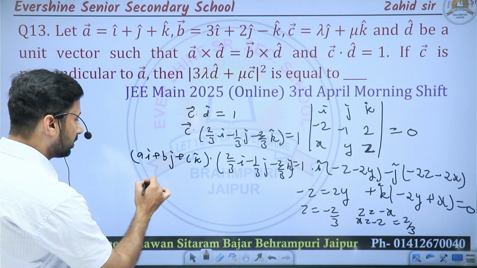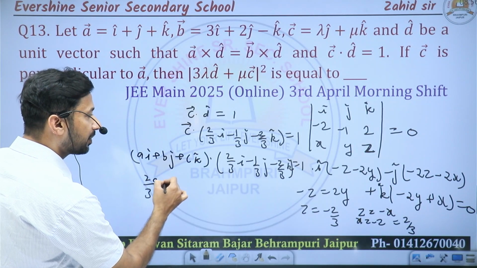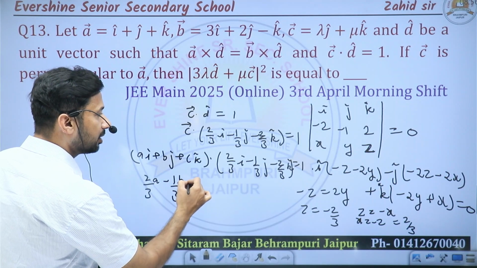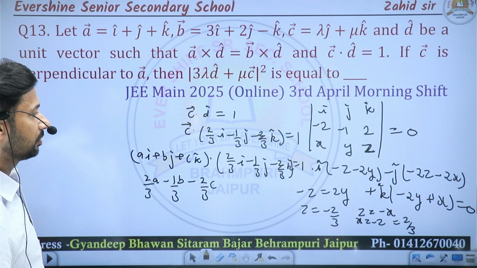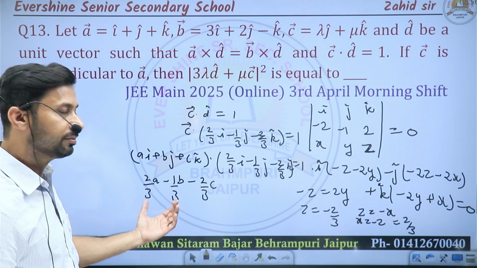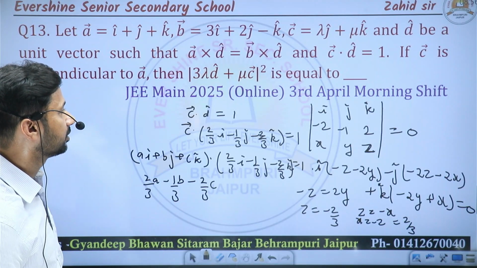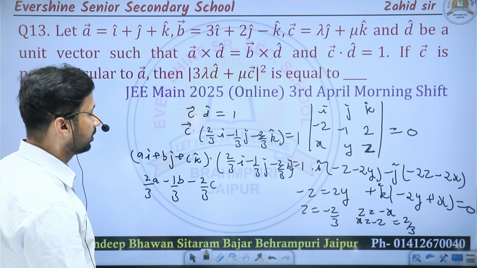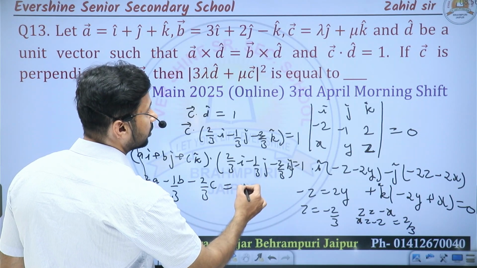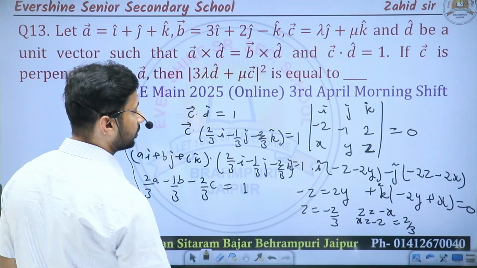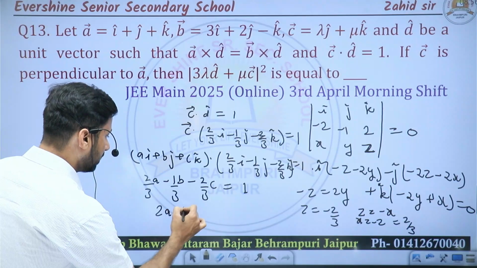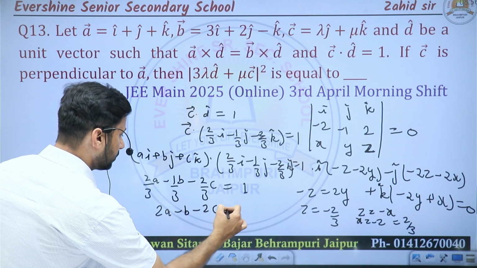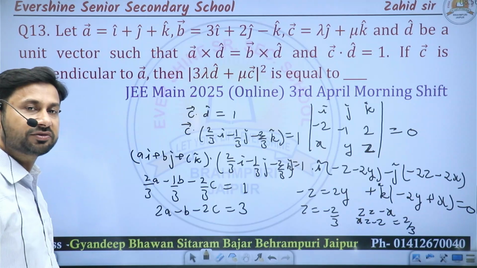So it will be 2/3 a minus 1/3 b minus 2/3 c, which is given as equal to 1. Now I can simplify it. So it will be 2a minus b minus 2c equal to 3. This is the first equation.